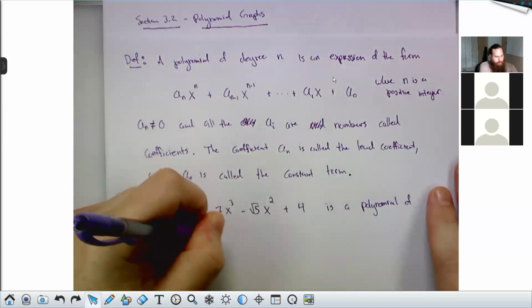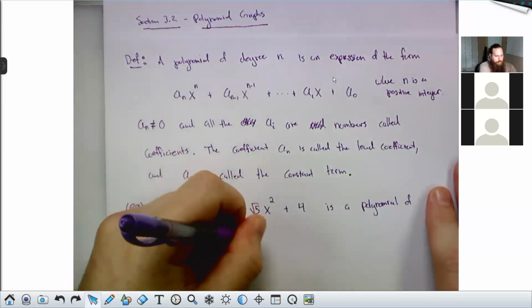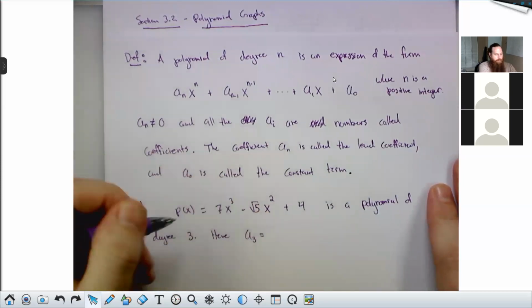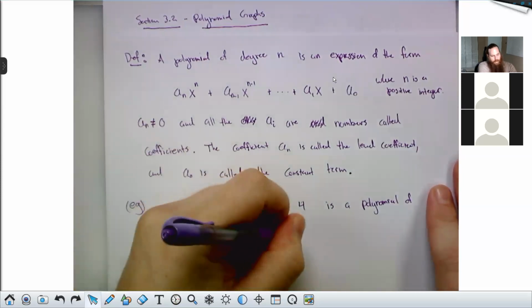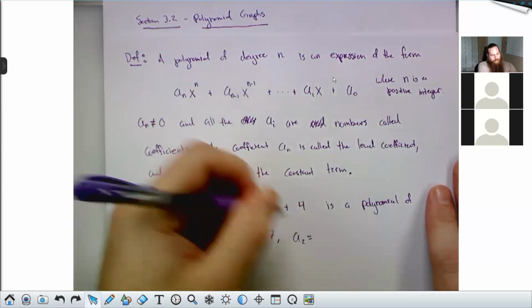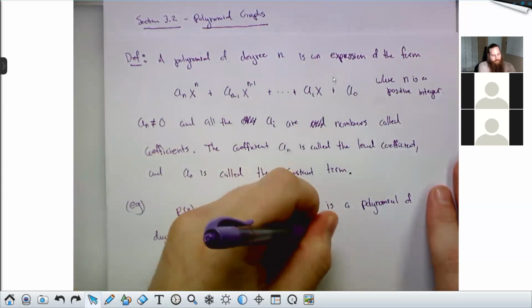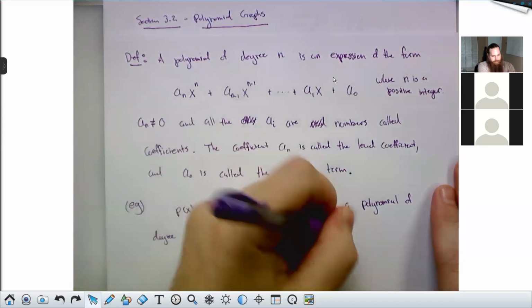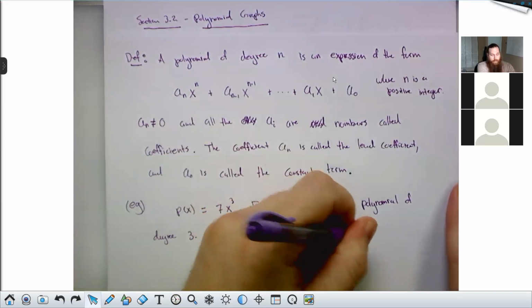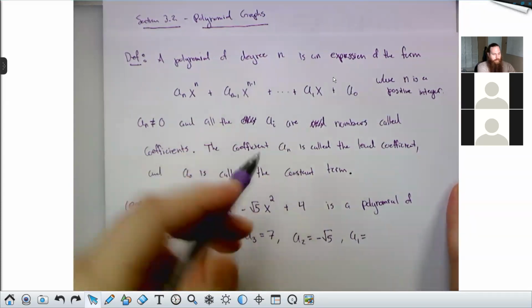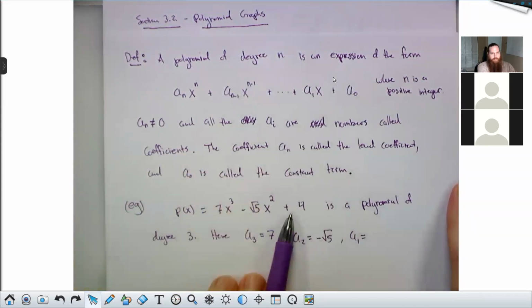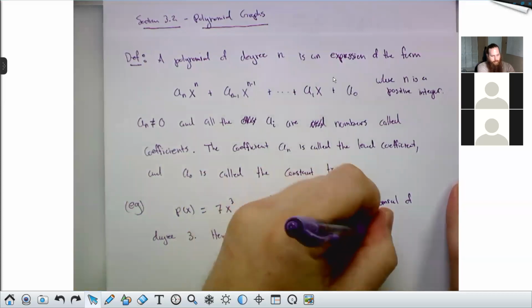Here, in this example, a3 is the lead coefficient, and it is 7. a2 is negative square root of 5. a1, I don't see any plain x terms here. So a1, the number that would normally just be multiplying x, here is 0.